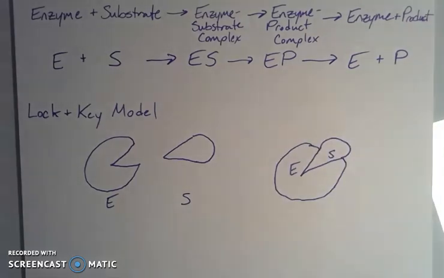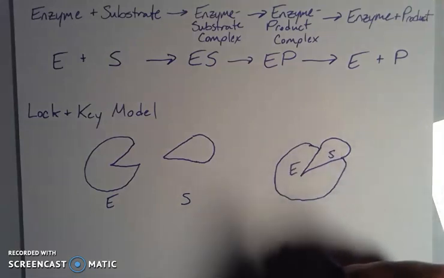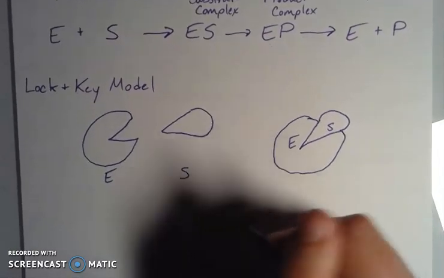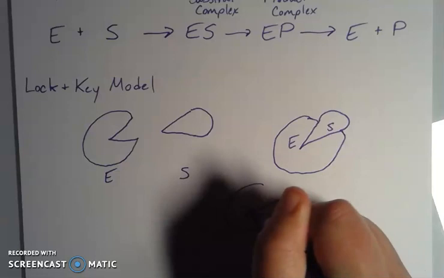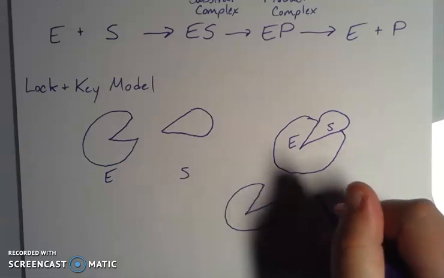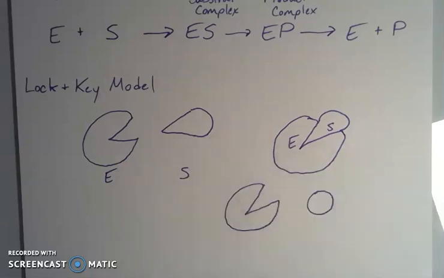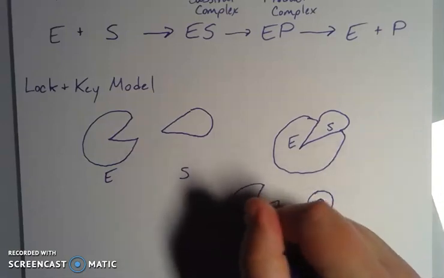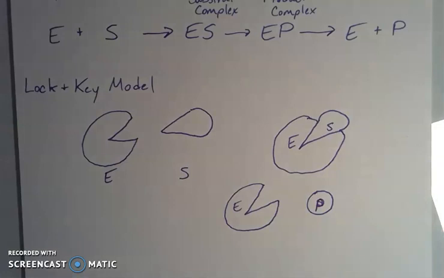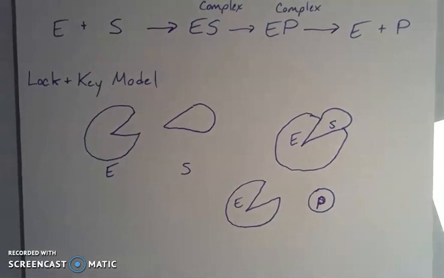This is my enzyme substrate complex. And then some sort of rearrangement would happen, and then this thing would spit back out. I'd end up with my enzyme at the end here as it started, and then my substrate maybe comes out in a slightly different form. This is now my product. Okay, so again, kind of Pac-Man-y. I know that this is highly sophisticated artwork, so hope you can keep up.